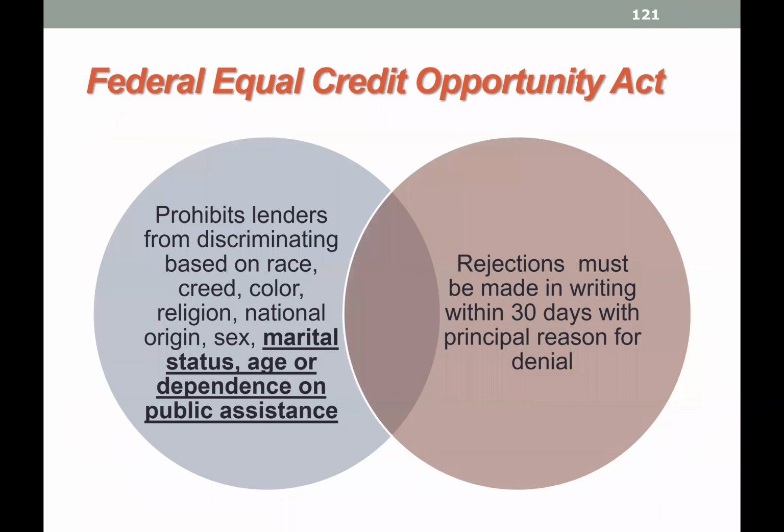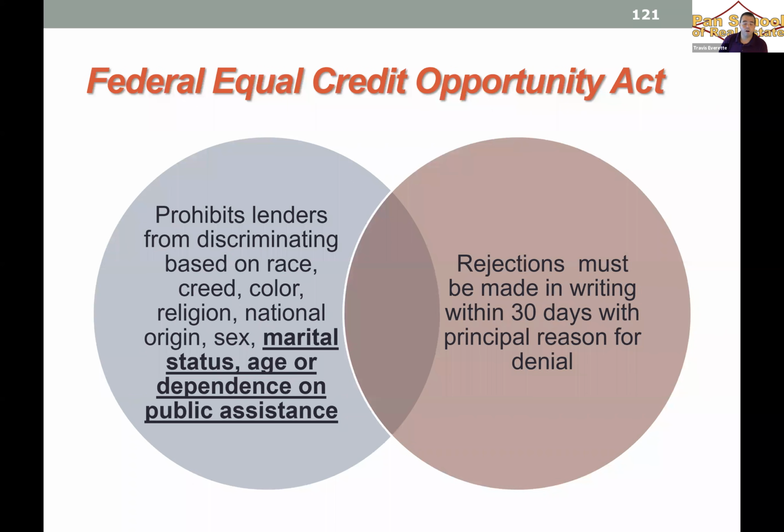Okay. We talked about the Equal Credit Opportunity Act. Just another mention of that: it's a law that prohibits lenders from discriminating on the basis of race, color, religion, national origin, sex, marital status, age, how they get their money.